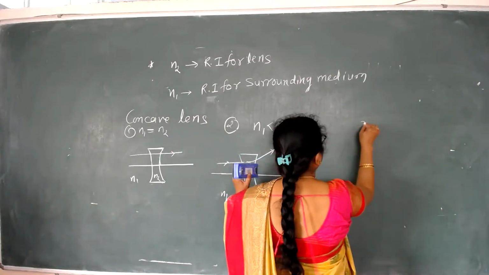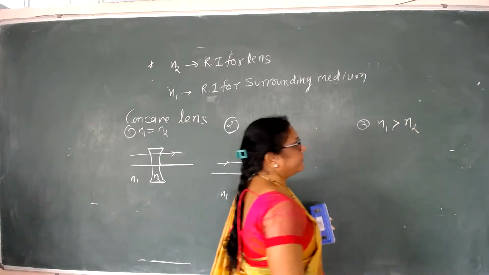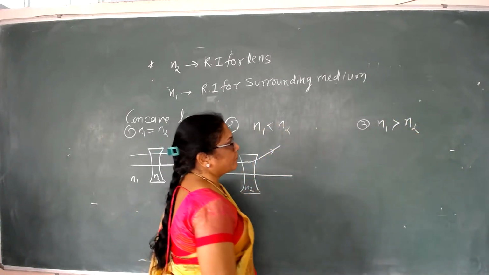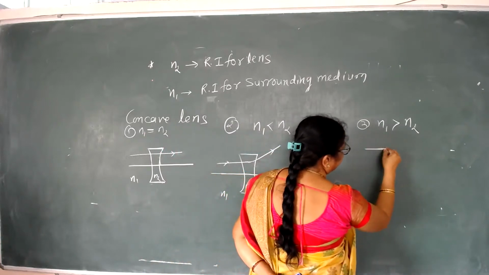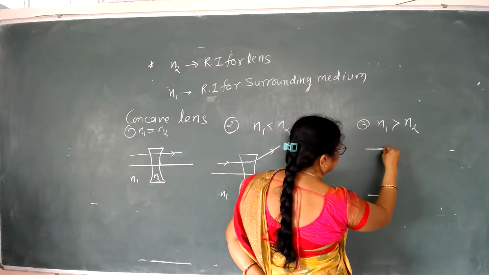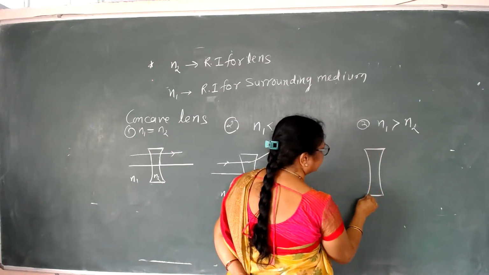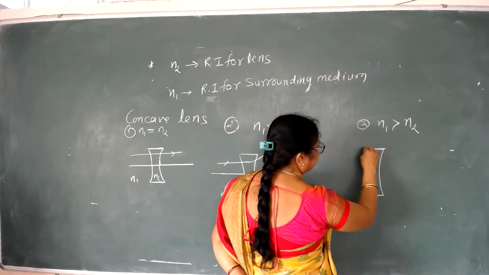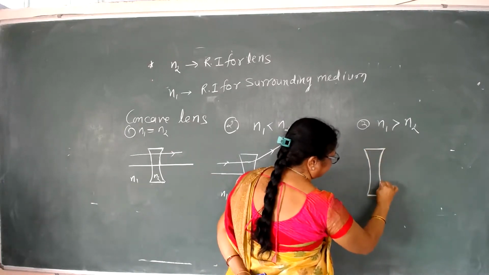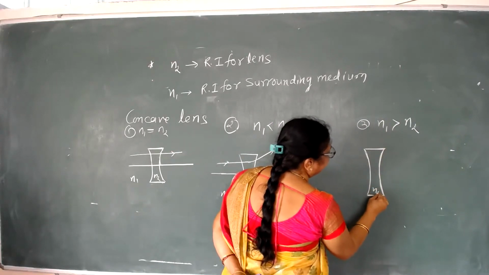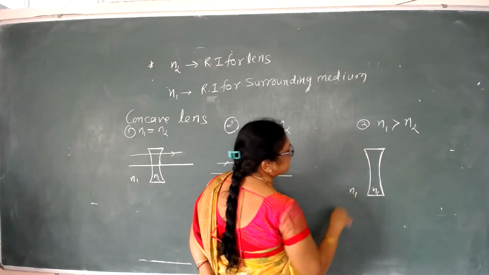Third figure, when N1 is greater than N2. Consider the concave lens whose refractive index is N2, which is placed in the surrounding medium whose refractive index is N1.